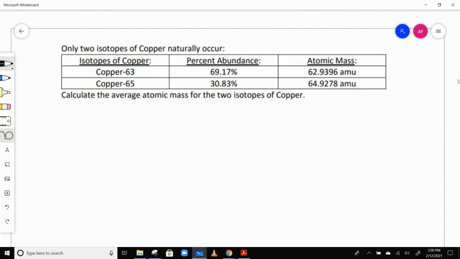So here again, we're going to convert these to decimals of 0.6917, 0.3083. Okay, and then we do percent abundance times mass, so 0.6917 times 62.9396 plus 0.3083 times 64.9278.